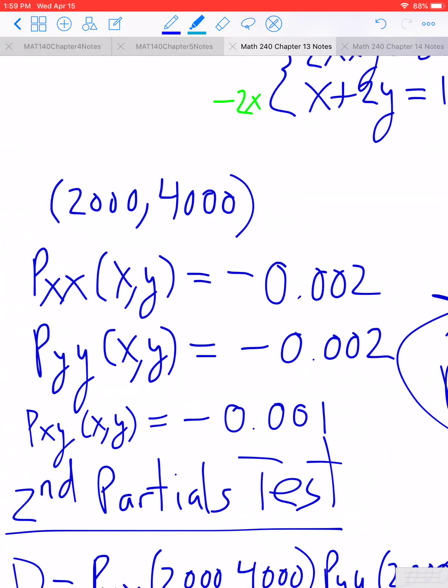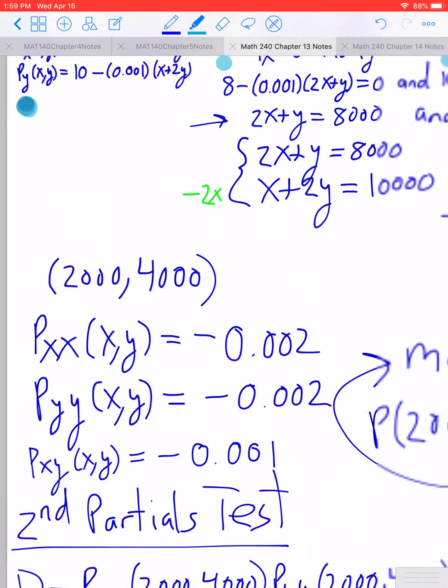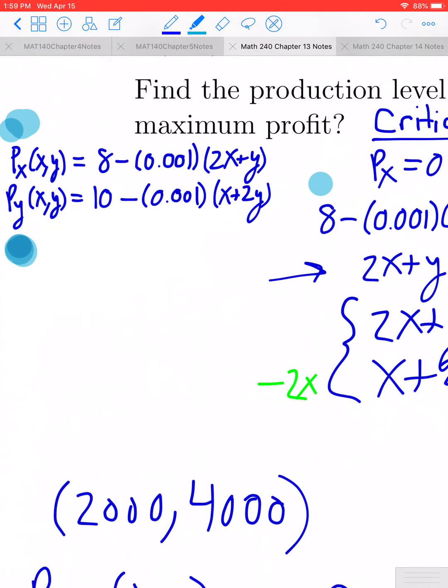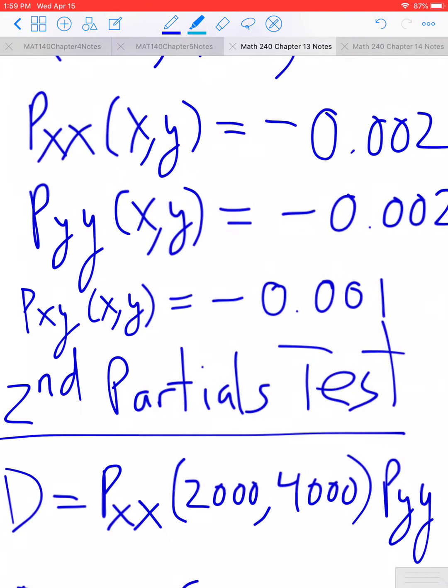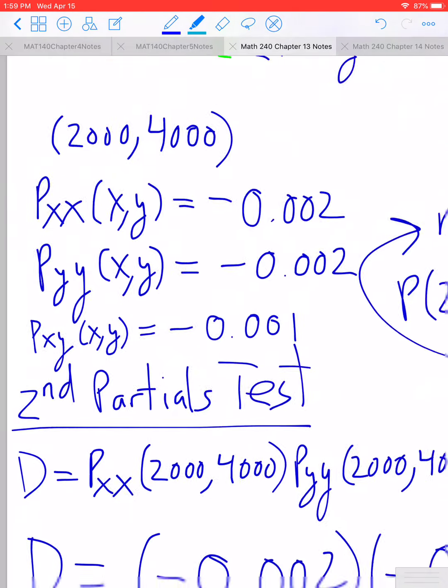We would also need the mixed second partial of p with respect to x and then y. That is a matter of going back to the partial of p with respect to x and taking its partial derivative with respect to y. The 8 would be 0. We have that factor again, and with respect to y, the derivative of 2x plus y is just 1. So the mixed partial pxy works out to be negative 0.001.